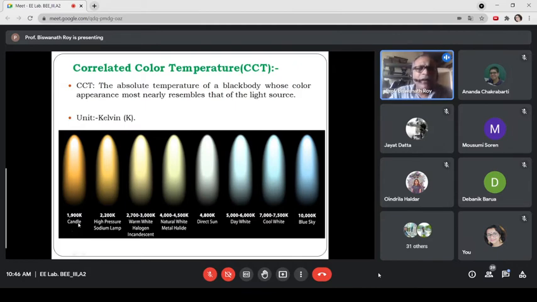And these are the temperatures of the black body radiator, where at this temperature the black body emits radiation. The color of that radiation is very similar to the color of a candle.